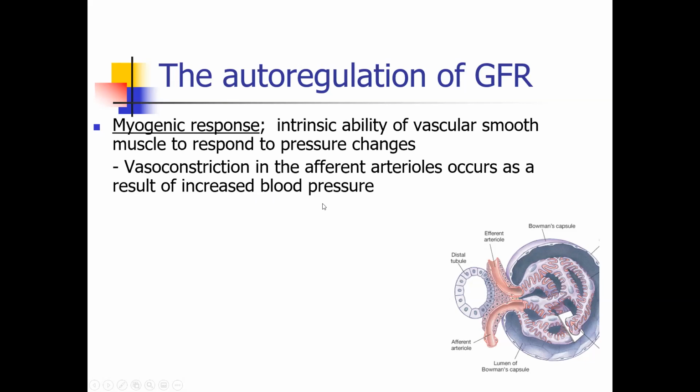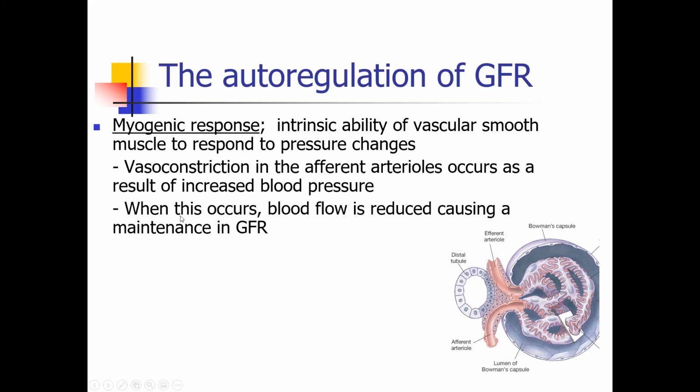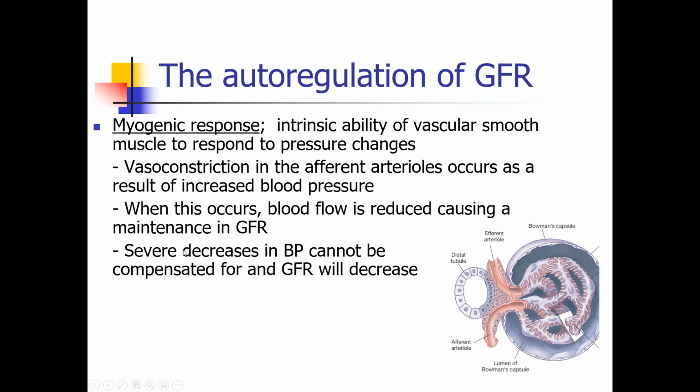So this is what we were talking about. We increase constriction, that means decreasing the flow into the glomerulus if blood pressure rises. When this occurs, blood flow is reduced, causing maintenance in GFR. So it's the opposite of what we saw in the figure. Severe decreases in blood pressure cannot be compensated for, and GFR will decrease. So for example, you go into shock.